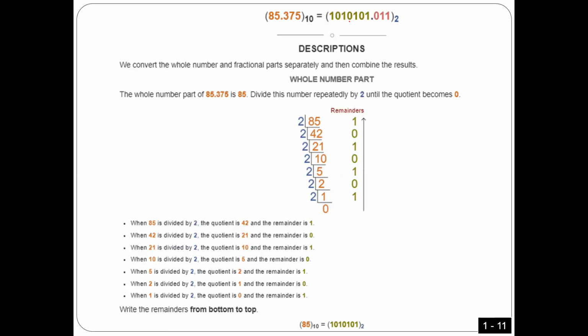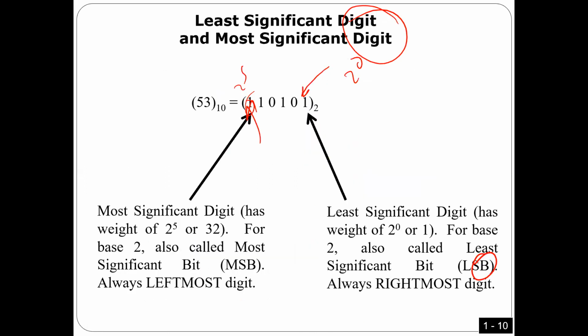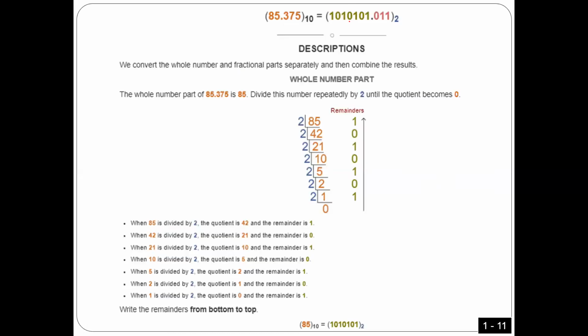So now I'm going to explain, if you have a number with a decimal point, how can you convert it to binary? Although most of the time in this course we're not going to use floating numbers, just to finish or to explain everything, I'm explaining it here.